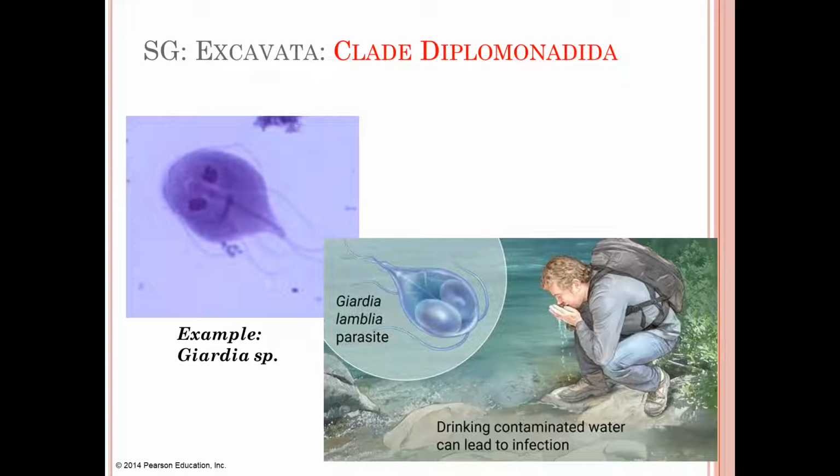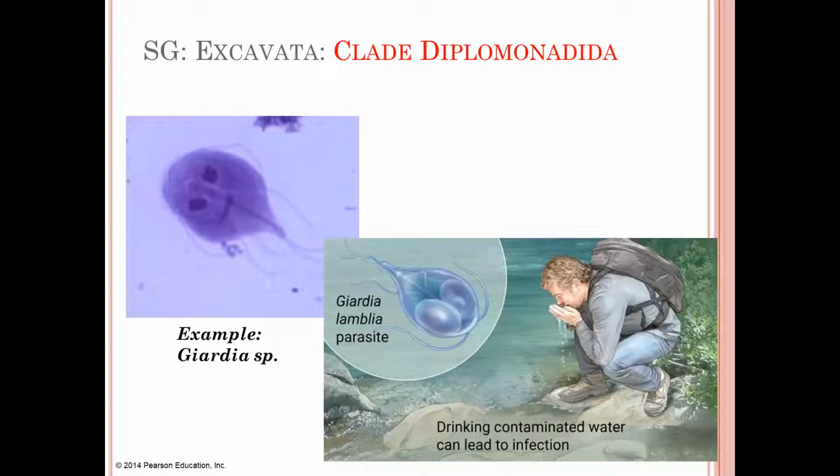Oxygen actually poisons them. A couple of kind of crazy things about these guys is they have 2 equal-sized nuclei. So there they are. They kind of look like eyes, right? And 2 equal-sized nuclei there. And that's kind of an unusual characteristic seen in only a couple of these protists, this being one of them.